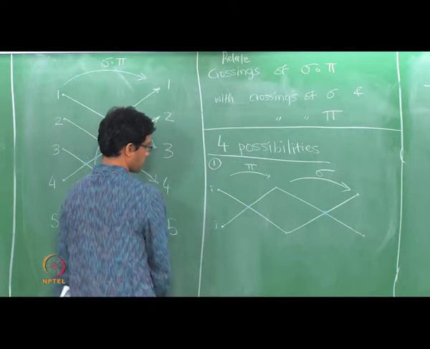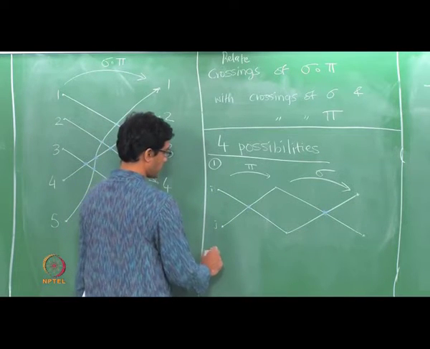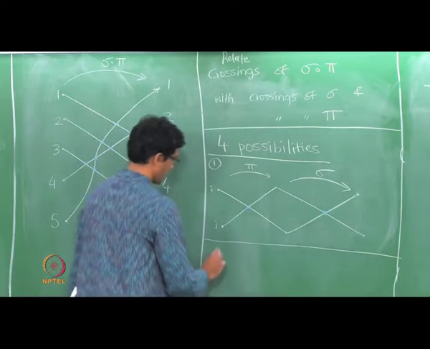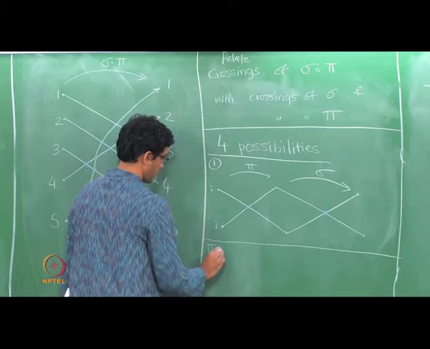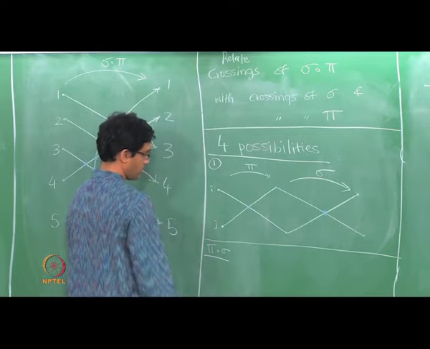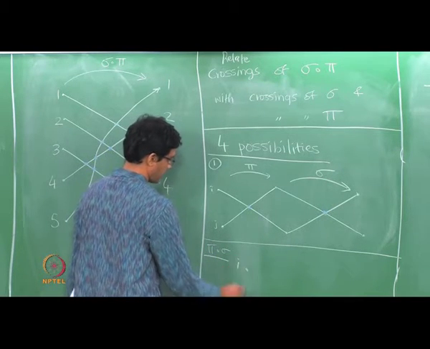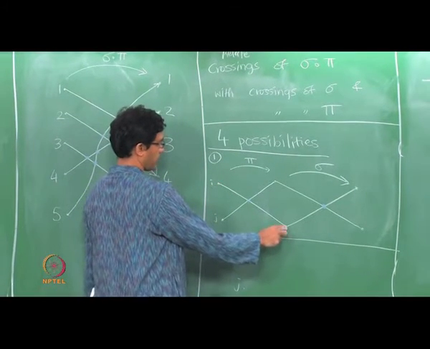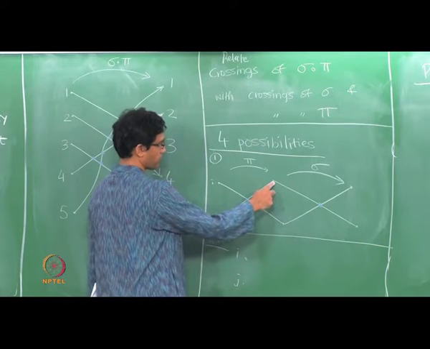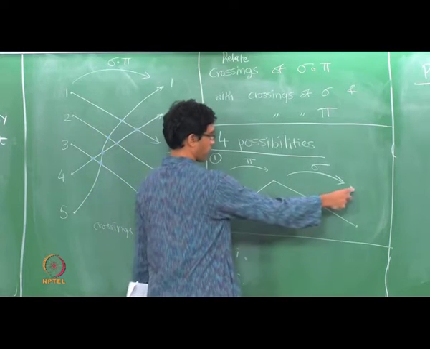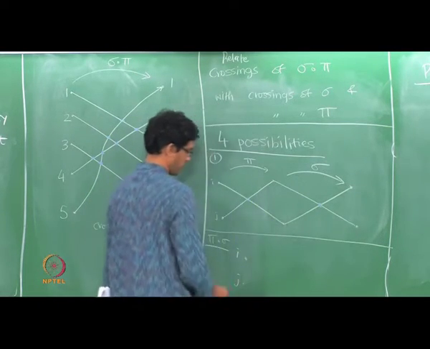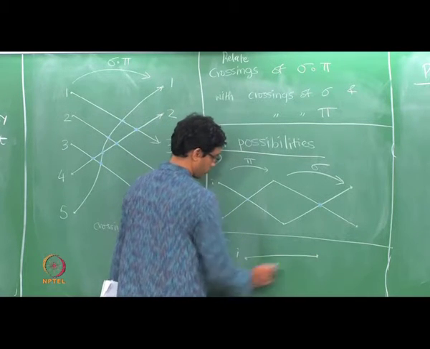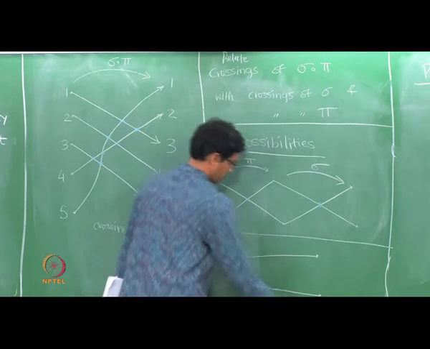But when I look at the composition of the 2, so what happens when I look at pi composed with sigma? So this is the individual picture. Here is what it does. I have i, j. First the result of pi of i is bigger than pi of j, but then sigma of pi of i is smaller than sigma of pi of j. So when I compose the 2, i maps to something which is smaller than whatever j maps to.